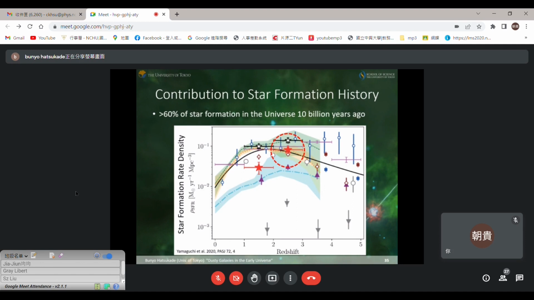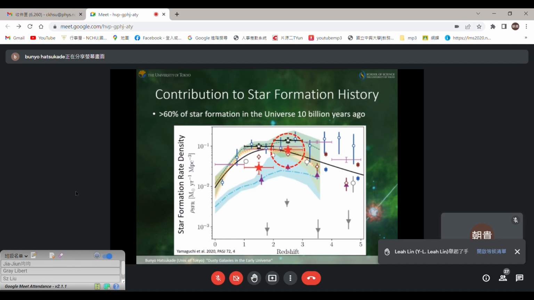The uncertainty of the redshift is quite large. Because the number of sources is still small, about 20 sources so far, we still have a large uncertainty in our understanding of obscured star formation from our observations.